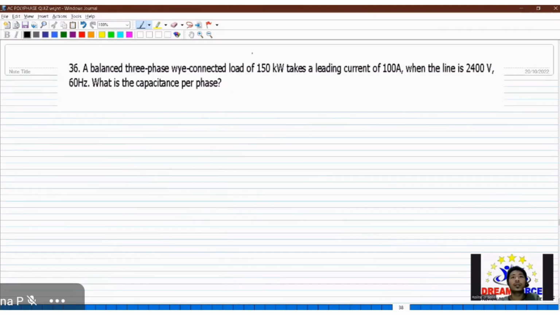Okay, yun ulit. So takes a leading current. Y connected load, so yung real power, walang binanggit na per phase, so meaning total yan. Yung kuryente natin, wala ding binanggit, line to line. Line is 24 volts, so sinabing line ito. Hinahanap is the capacitance per phase.